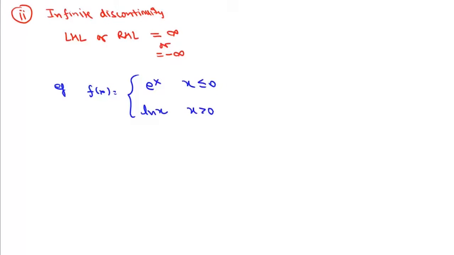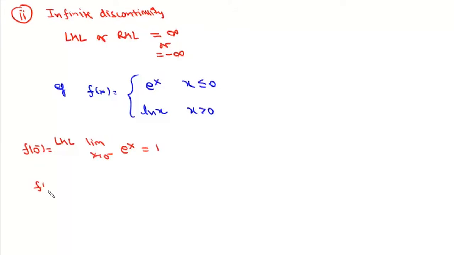Now, if we look at its left hand limit at 0, its left hand limit, which is f(0 negative), will be this limit x tends to 0 negative of e to the power x, and e to the power 0 is simply 1. So in this case, this left hand limit exists finitely and it is equal to 1.